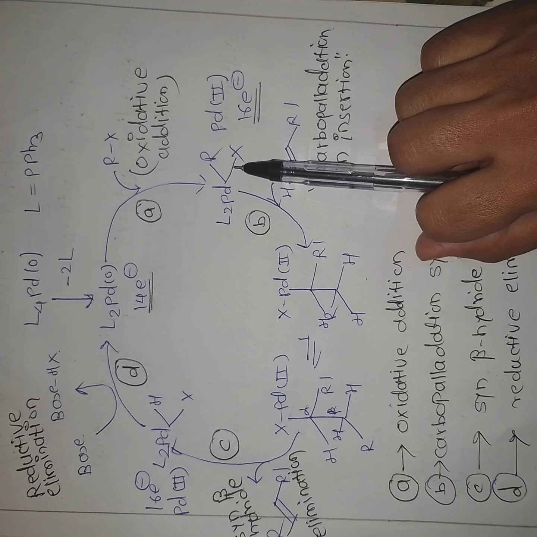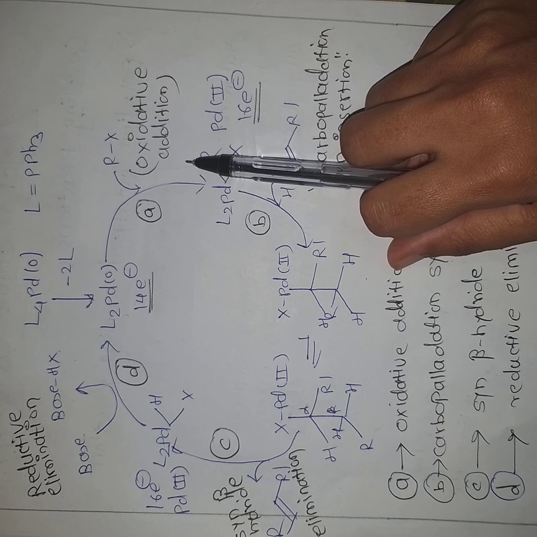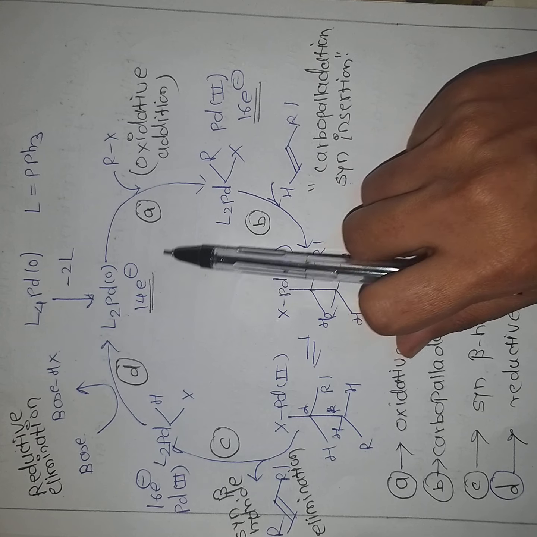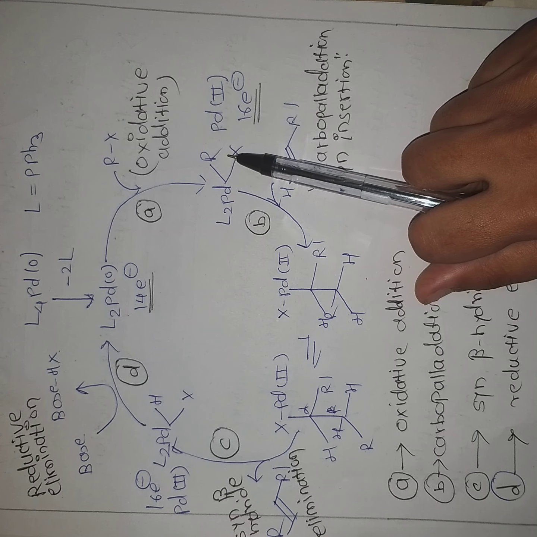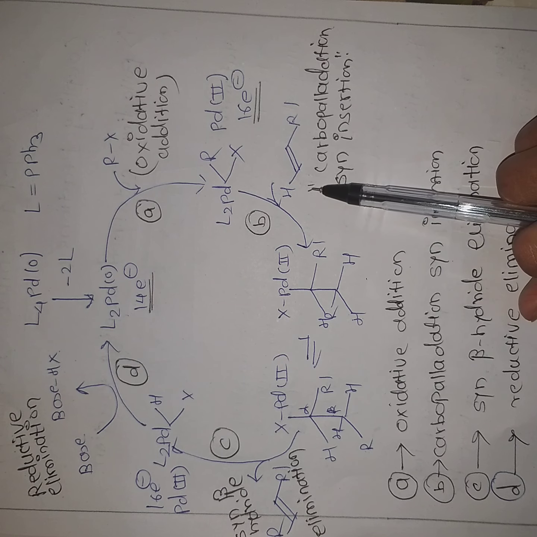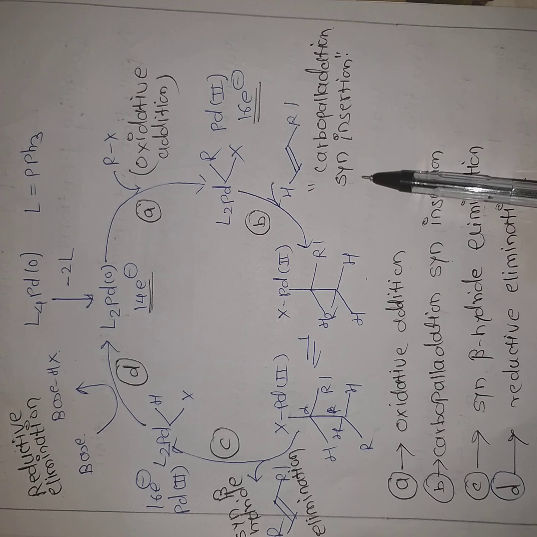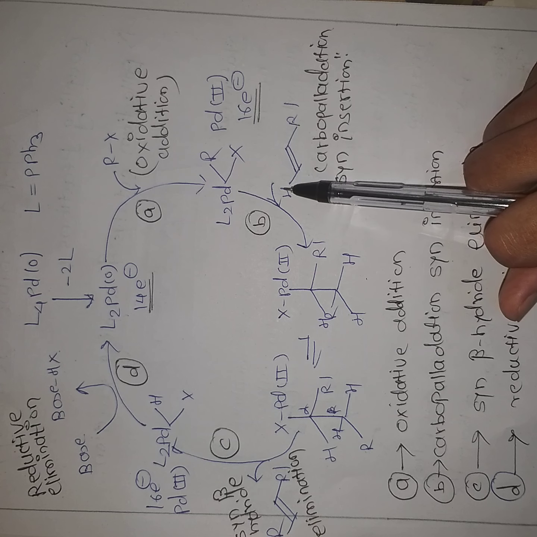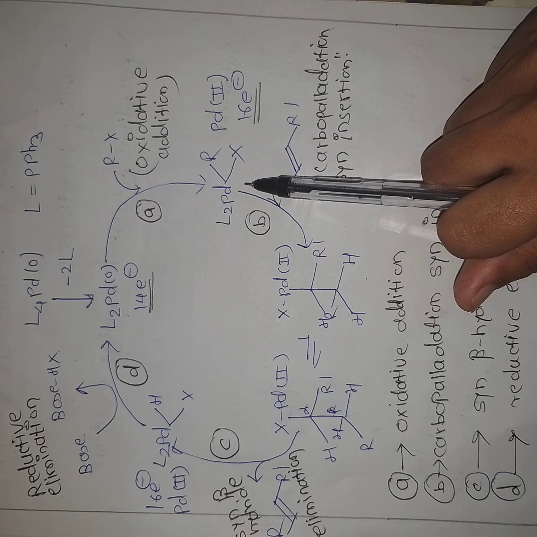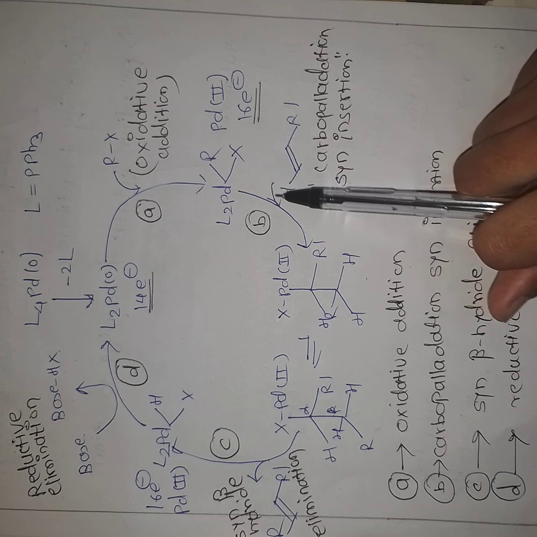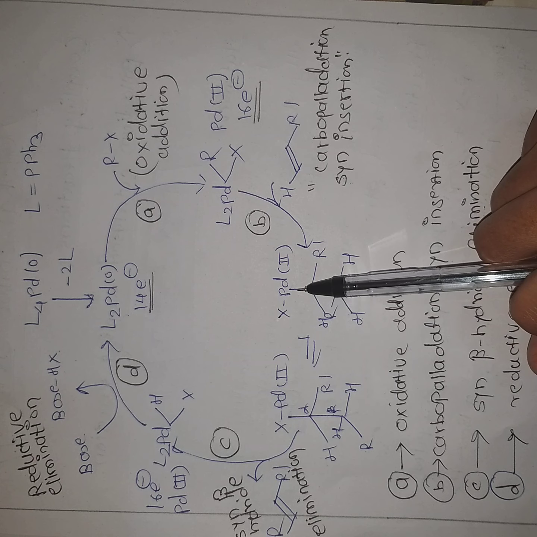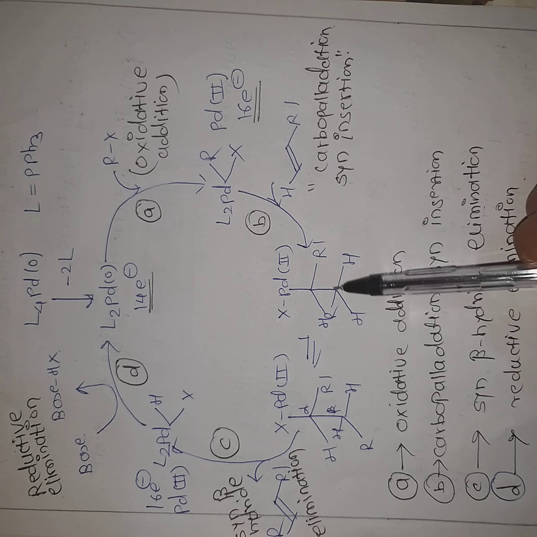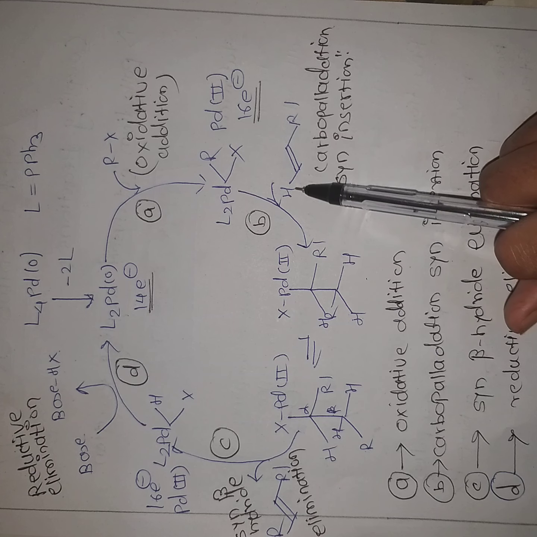Due to oxidative addition, the total electron count is changed from 14 to 16. In next step, carbopalladation means syn insertion of an alkene. This alkene is going to insert into this complex in a syn manner like this. X-Pd, palladium in second oxidation state, and syn insertion of alkene.